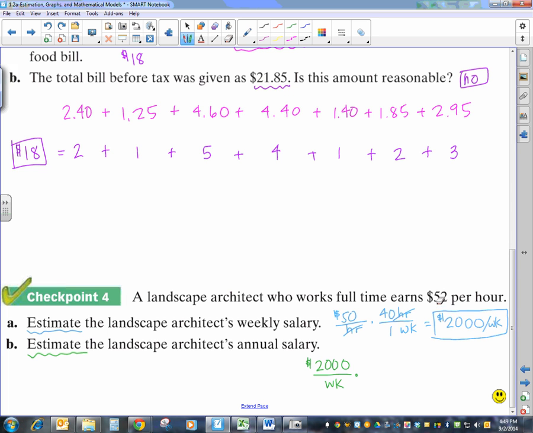So again, there's 52 weeks in a year, but we're going to round that number to 50 weeks in a year, which is going to give us 5 times 2 is 10, and I have 1, 2, 3, 4 zeros. So that's $100,000 a year. So if you like working outside, go learn to be a landscape architect.